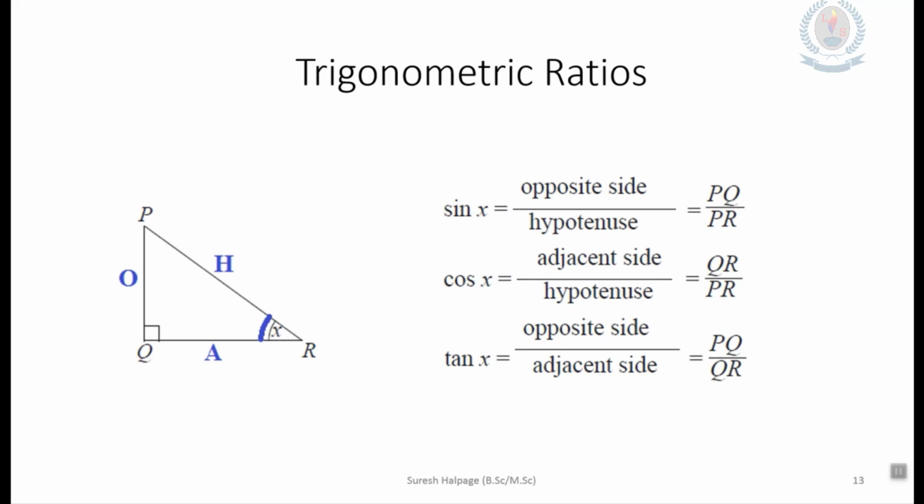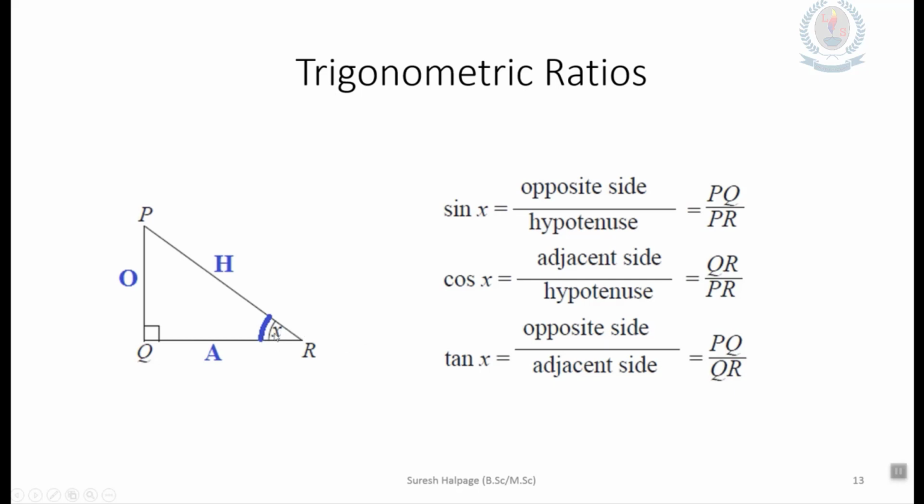Trigonometric ratios. The definitions of trigonometric functions: sin x, opposite side divided by hypotenuse, cos x, adjacent side divided by hypotenuse, tan x, opposite side divided by adjacent side.